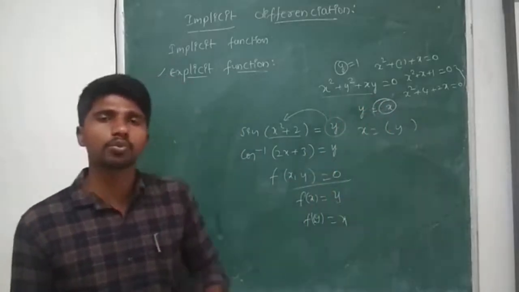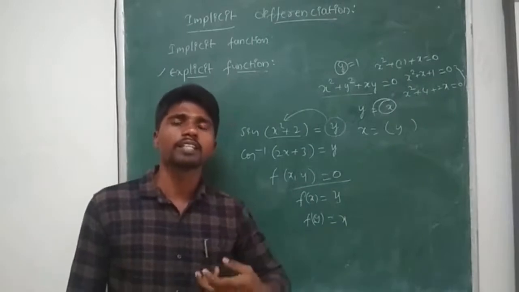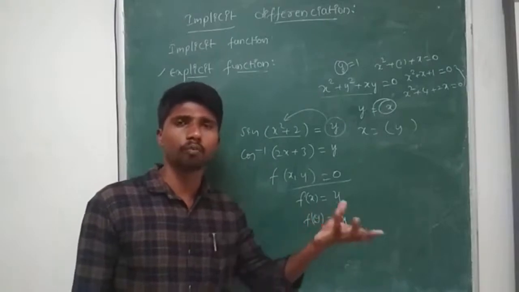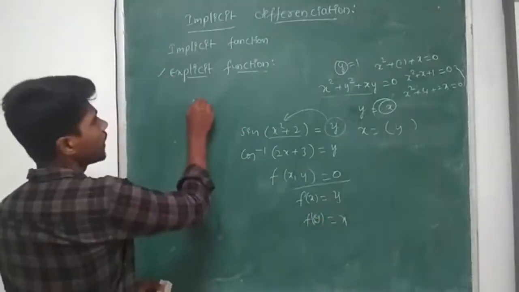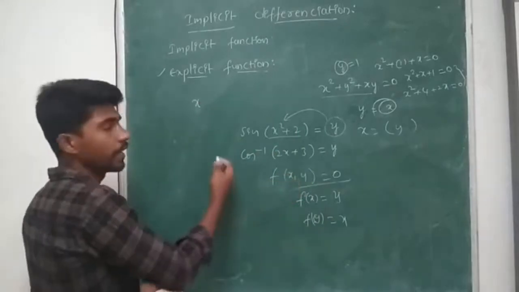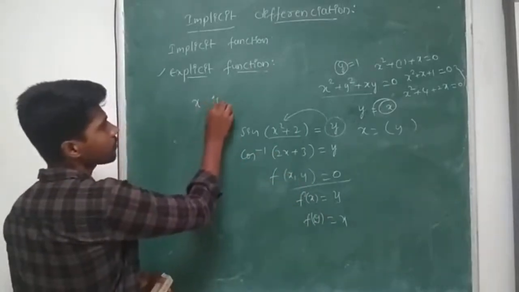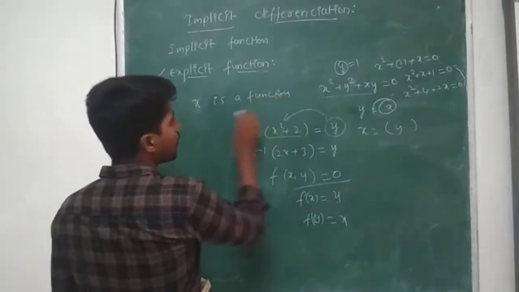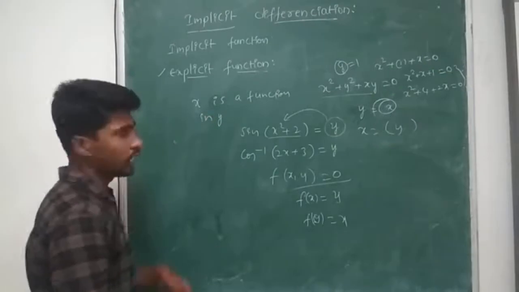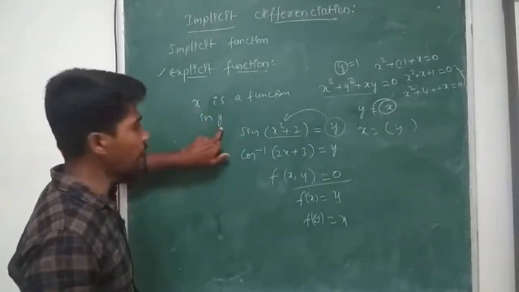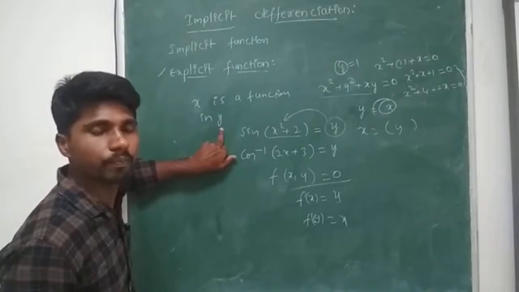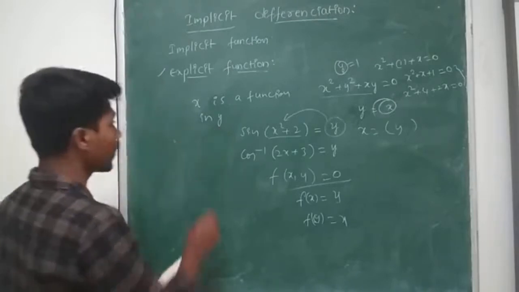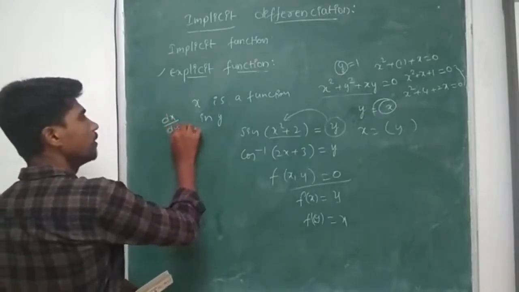So in that case, what we have to do is consider, let x be a function in y. If x is a function in y, in what way can I differentiate the equation? I can differentiate the given equation with respect to y. So I can find dx by dy.